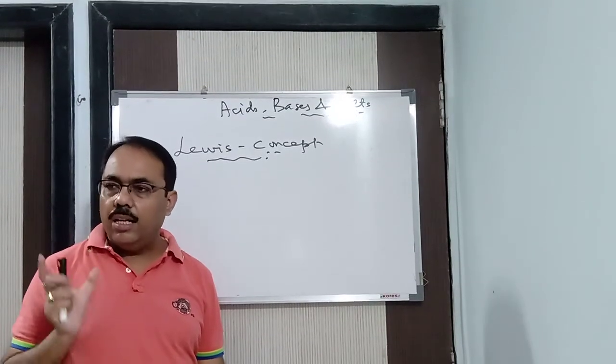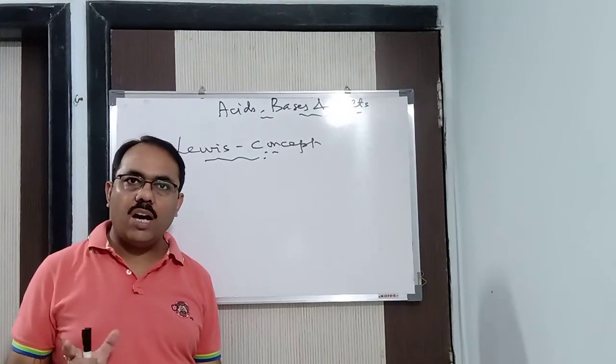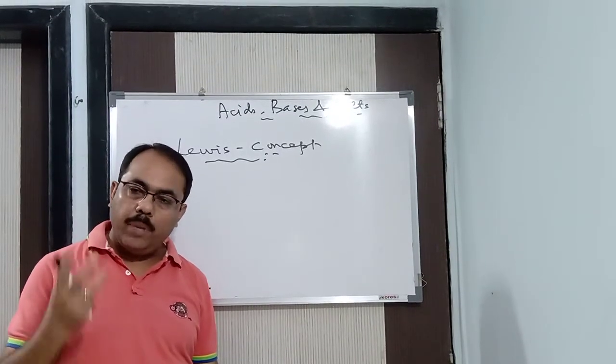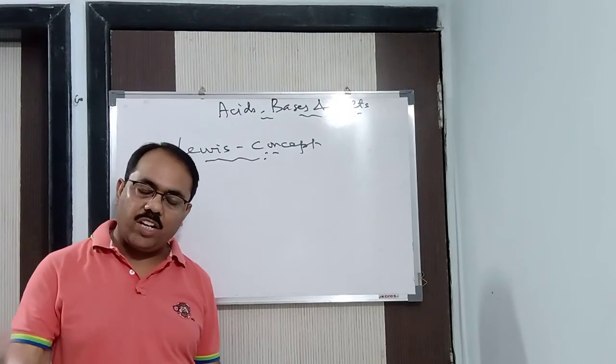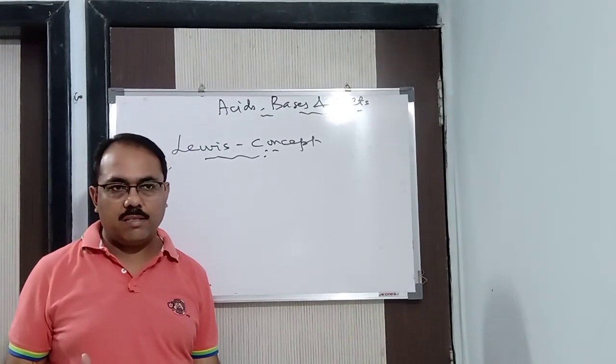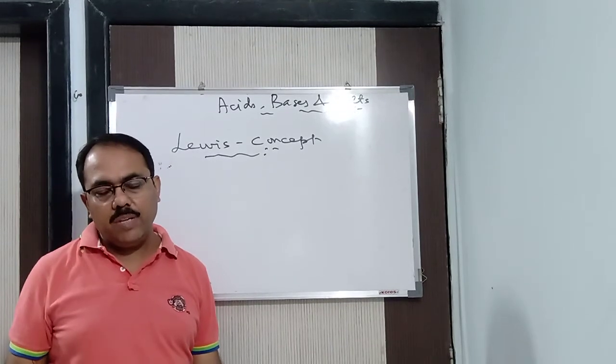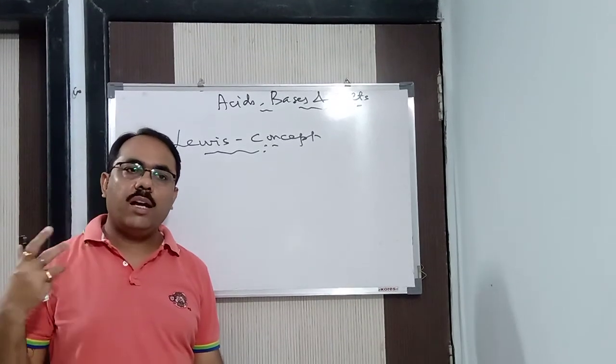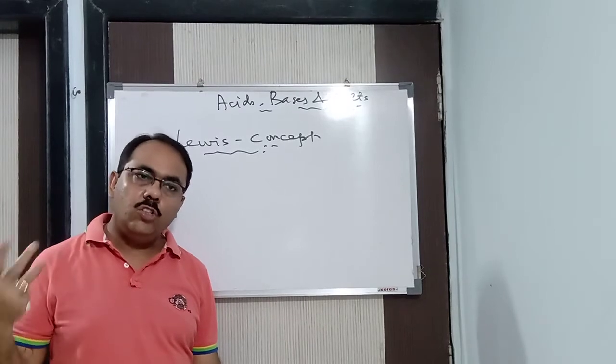Lewis acids are those substances which are a pair of electron acceptors, and Lewis bases are those substances which are a pair of electron donors.